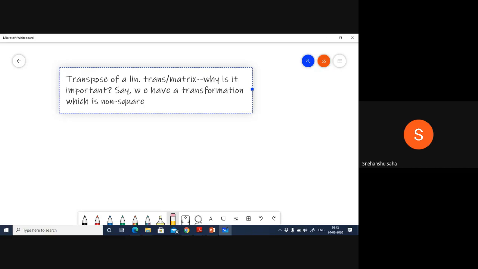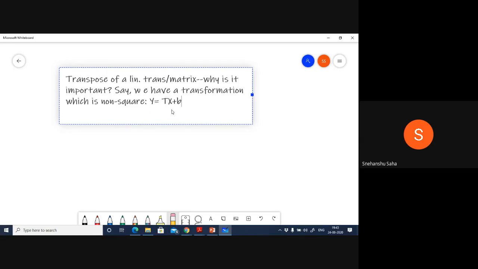So which means, if you have a system, let's say y equal to Tx plus b, where T is a transformation which induces the matrices, right?